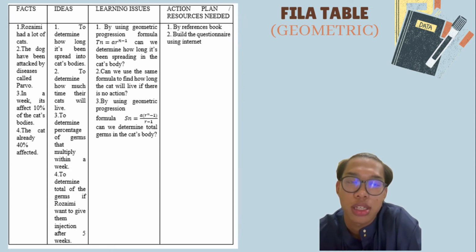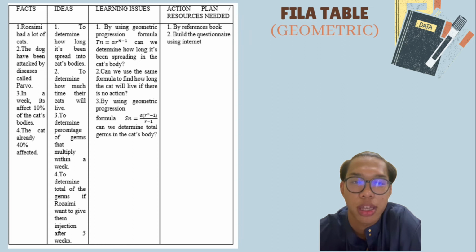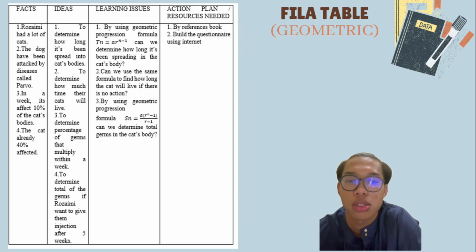For the ideas, the first is to determine how long it has been spreading in the cat's body. Number 2 is to determine how much time the cat will live. The third is to determine the percentage of germs that multiply within a week. The fourth is to determine the total germs if Razaimi wants to give the injection after a week.